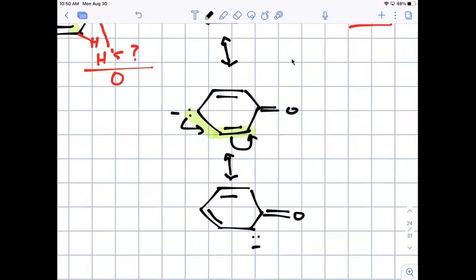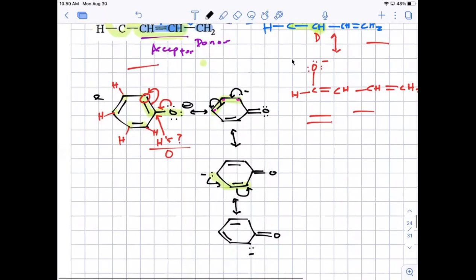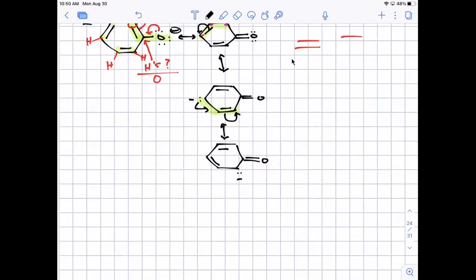Is it good or bad? Or great? It's great. The more I can take a negative charge and push it around the ring and share that charge and those electrons with more atoms, the better.